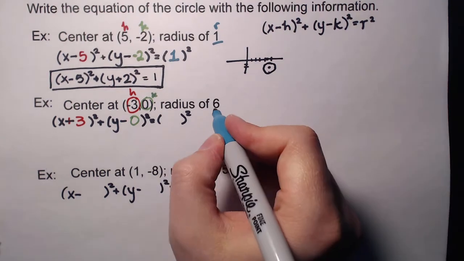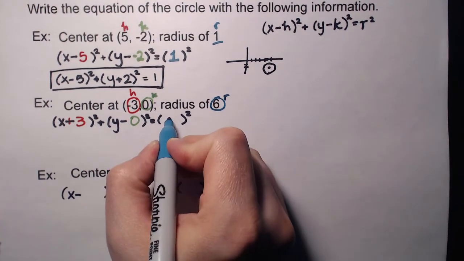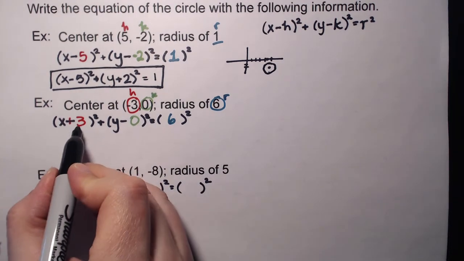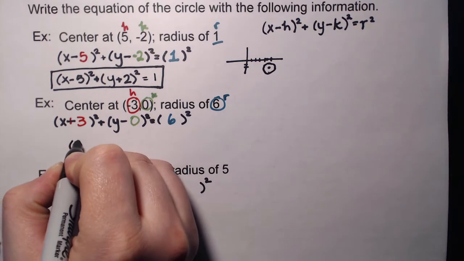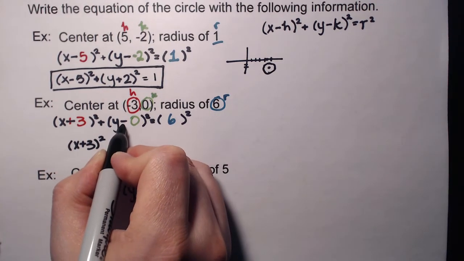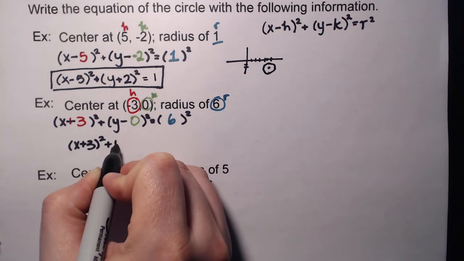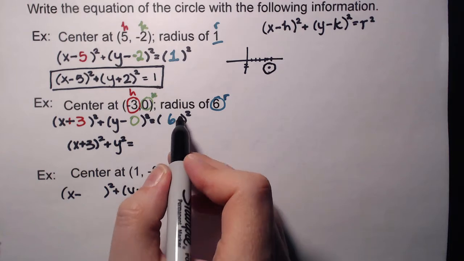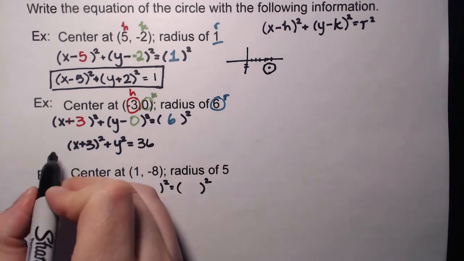And this is the radius. And then when I clean that up, I get x plus 3 squared. Now, if I take y minus 0, that doesn't actually change anything. And then 6 squared is just 36.